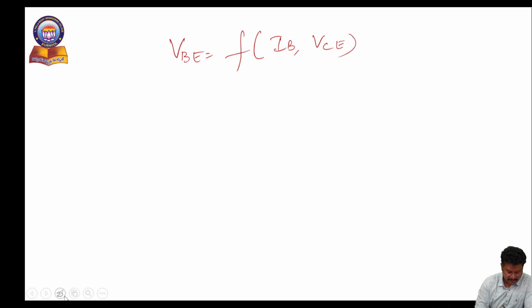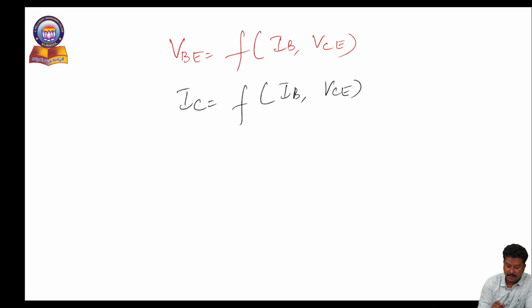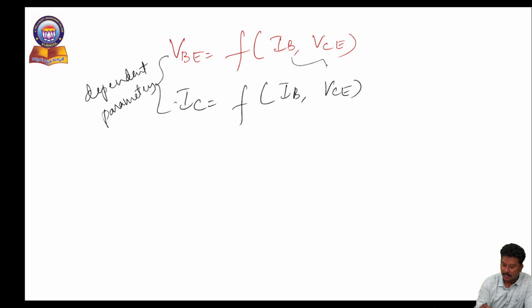From the input characteristics, we are concluding that IC is a function of IB, and VBE and IC are dependent parameters, and IB and VCE are independent parameters. So mathematically, dependent and independent parameters, we can frame it as VBE is equal to H.